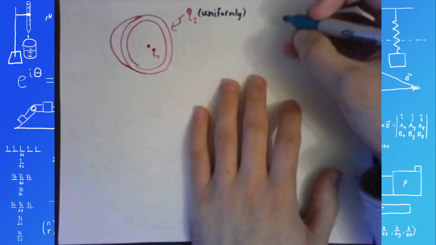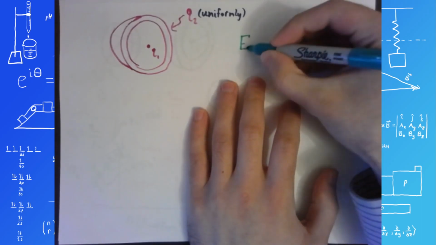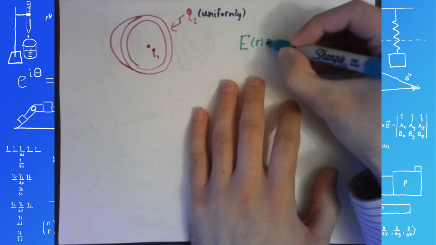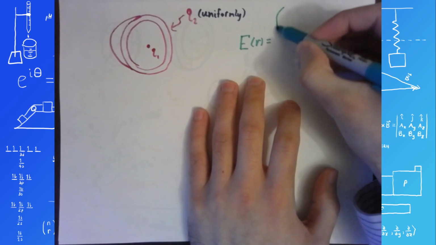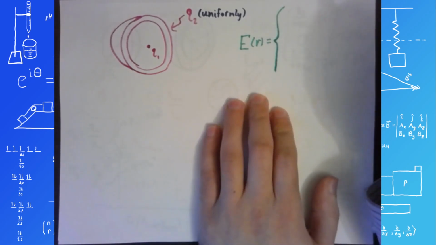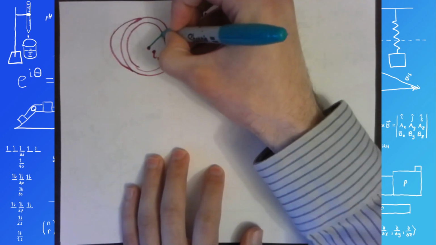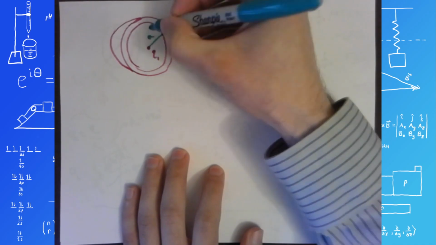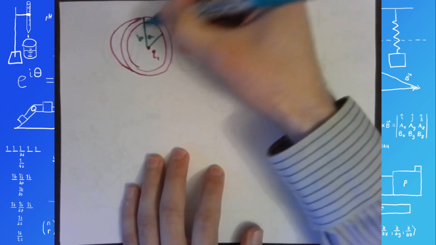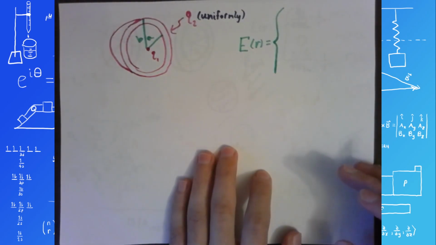Here we go. So electric field as a function of r. How many regions of interest do we have? And I forgot to mark, this is going to have an inner radius of a and an outer radius of b. Okay, how many regions of interest do we have to work with?